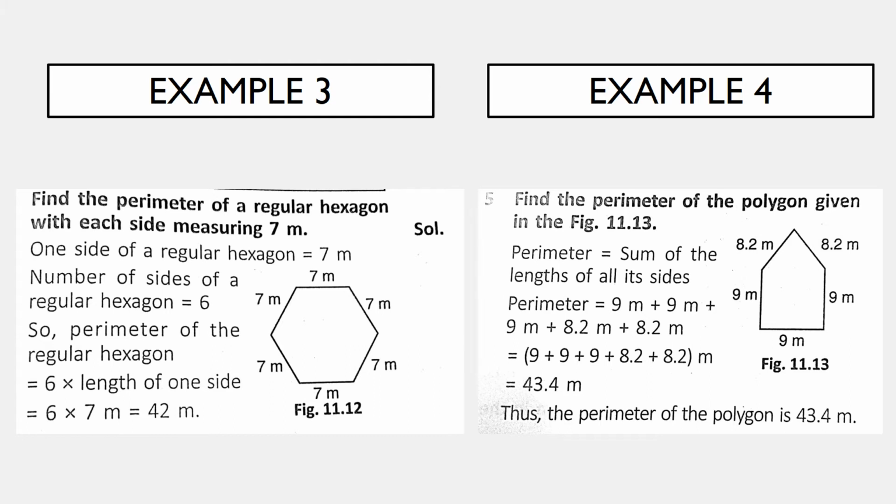So perimeter will be equal to 9 plus 9 plus 9 plus 8.2 plus 8.2 meter, because the unit is meter here. On adding you get 43.4 meter. So children, remember, whenever a decimal is there, after adding, don't forget to put the decimal. Here the decimal will be after one place from the back. Thus the perimeter of the polygon is 43.4 meter.